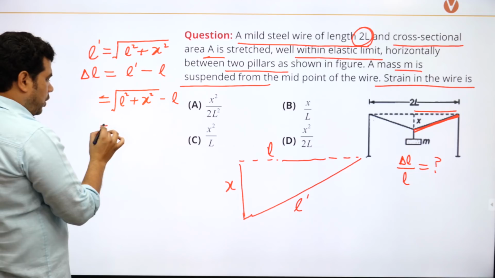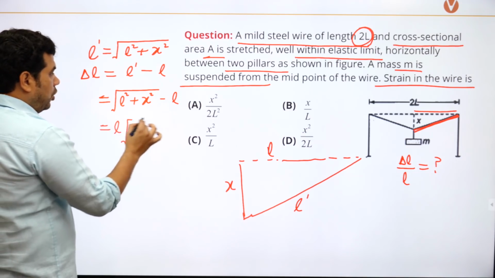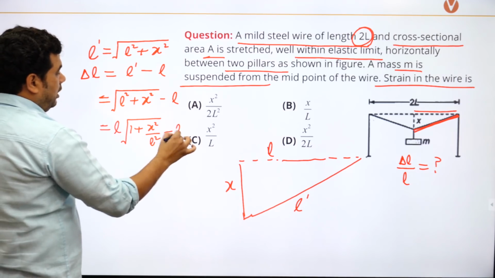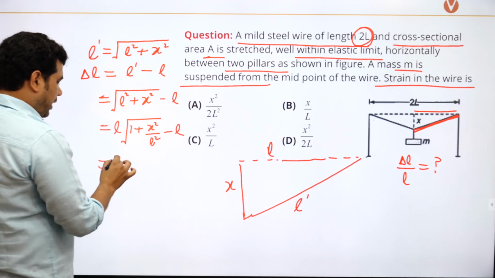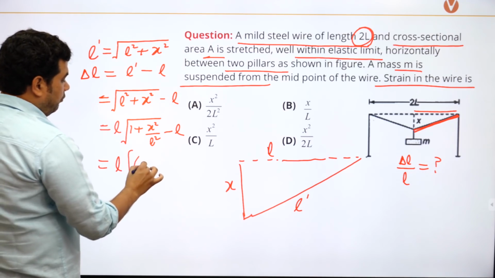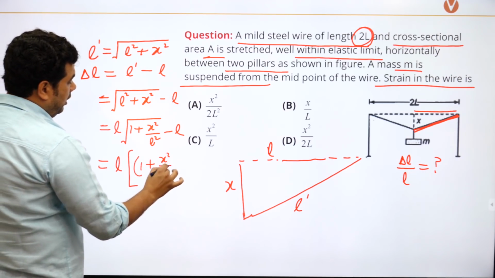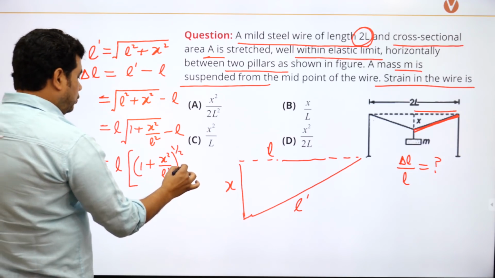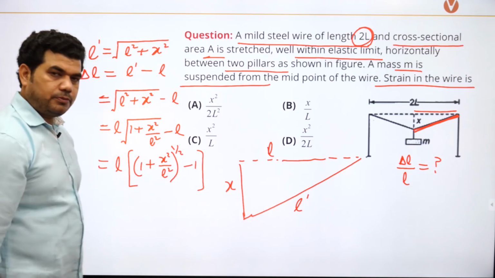Now if we take L common, so L root of 1 plus X square upon L square, minus L. So when we take L common, here we have 1 plus X square by L square to the power 1 by 2, minus 1. Got it?